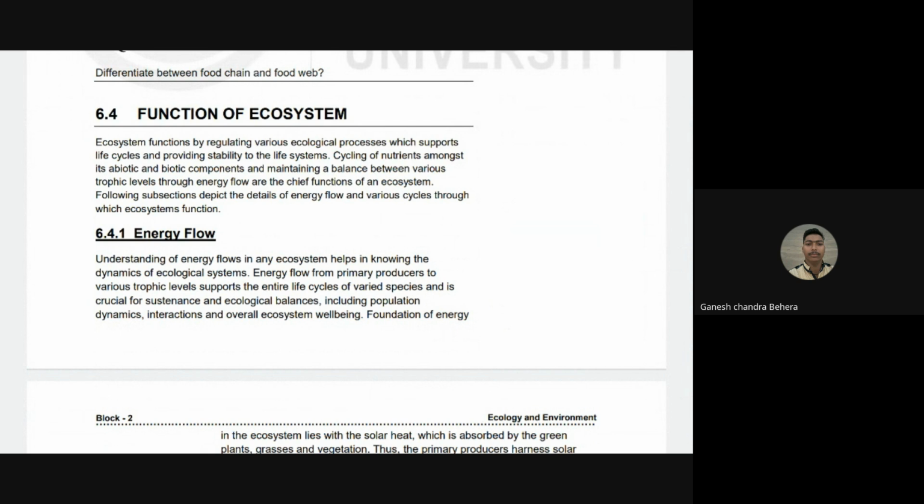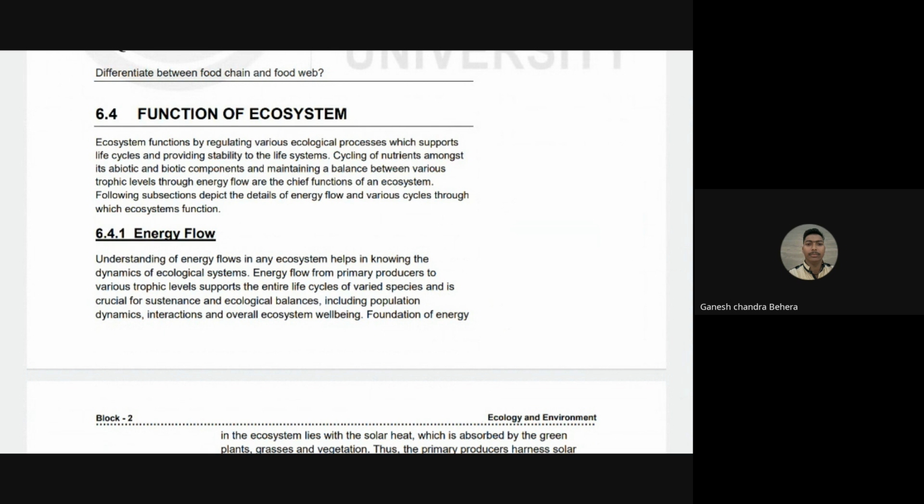So what is that energy? Well, energy can be heat energy. Now let's suppose the heat is absorbed by the autotrophs, those are basically the primary producers.